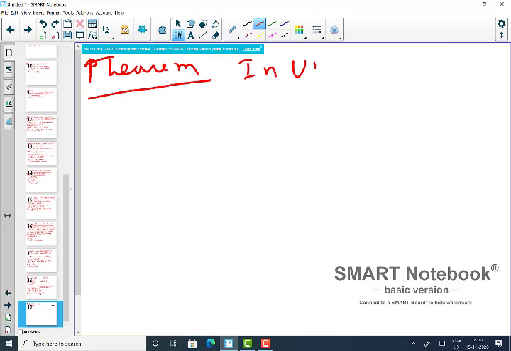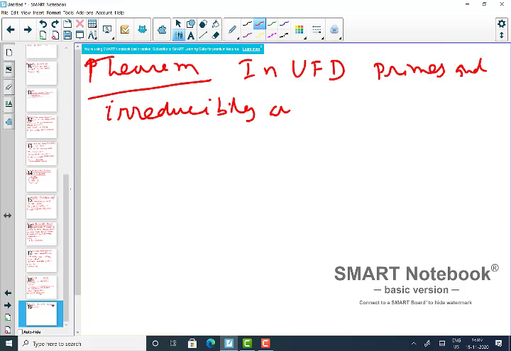In a UFD, primes and irreducibles are the same. What does that mean? That means an element is prime if and only if it is irreducible, and conversely, if and only if.